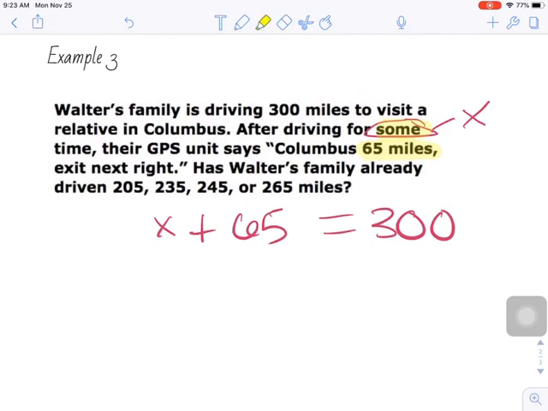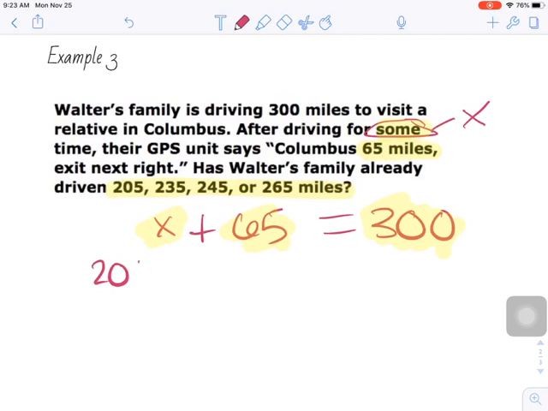So this is calculating out what we already drove, our unknown, and the 65 that we still have left. And those together equal our total trip, which is going to be 300 miles. So now what we want to figure out is what is our unknown? How many have we already driven? So let's plug in these numbers for x and see what works for us.